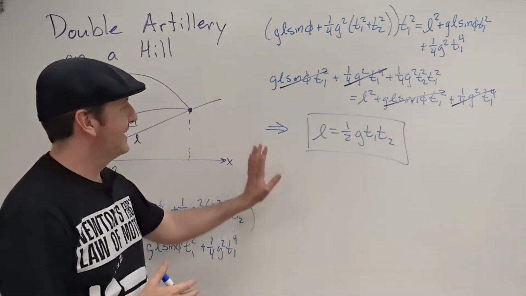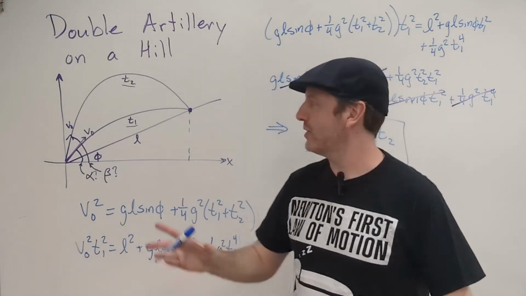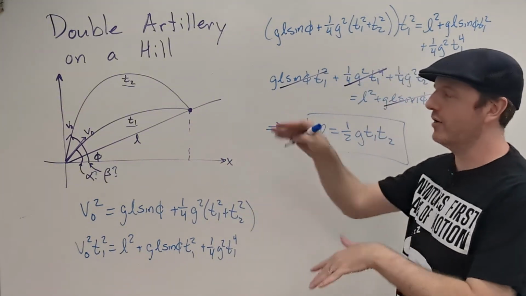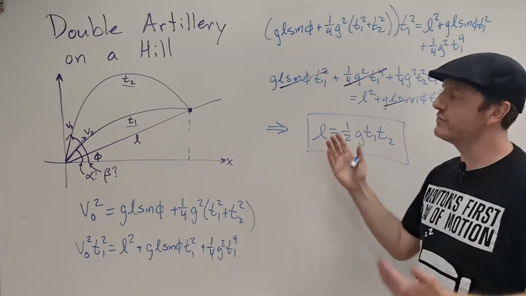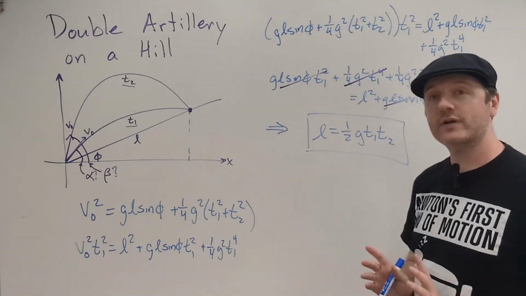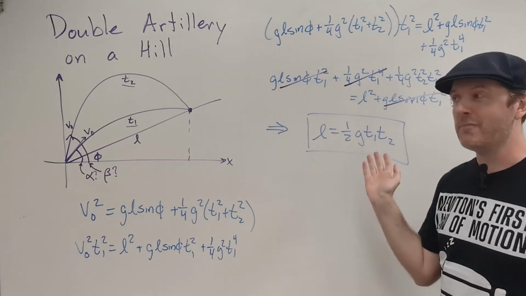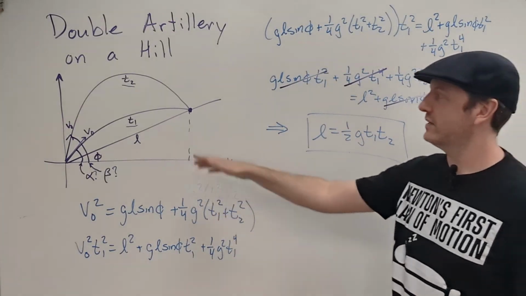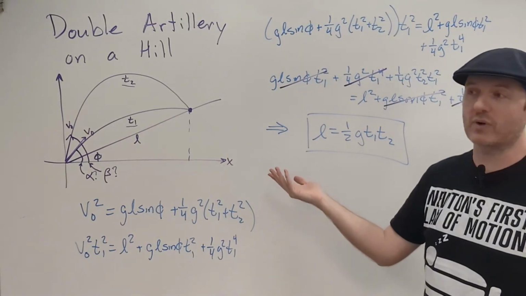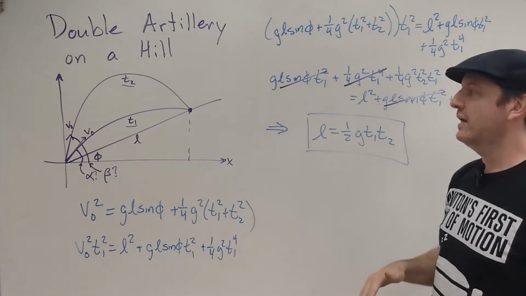So the distance from our launch point to this point of common intersection can be written entirely in terms of just the two times. Notice that's it, which means this will hold for any slope angle, including, by the way, level ground.